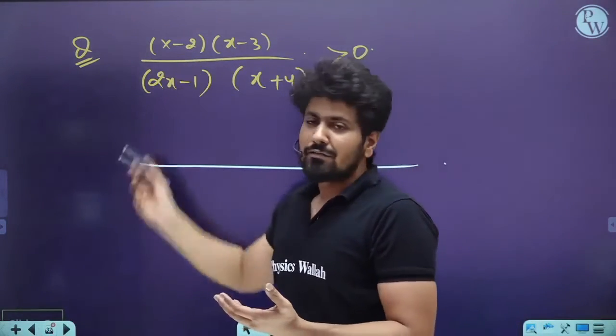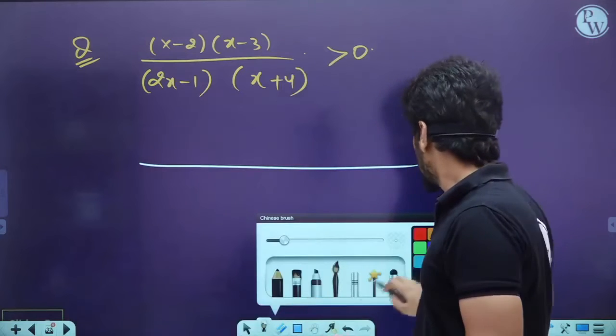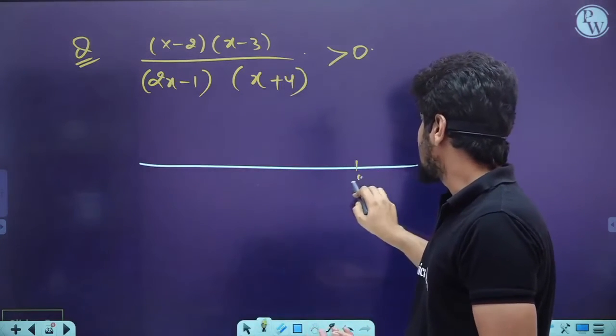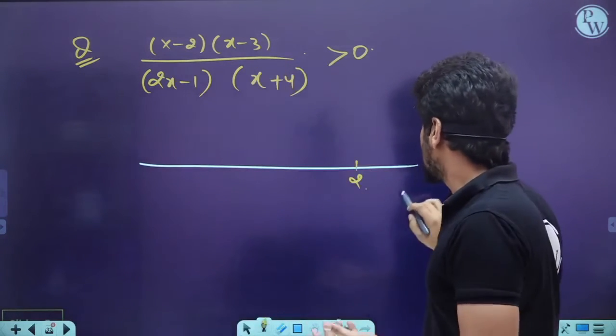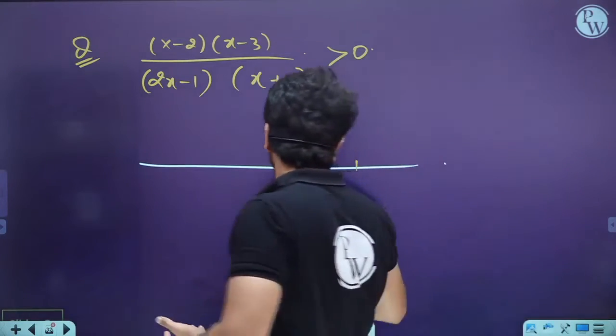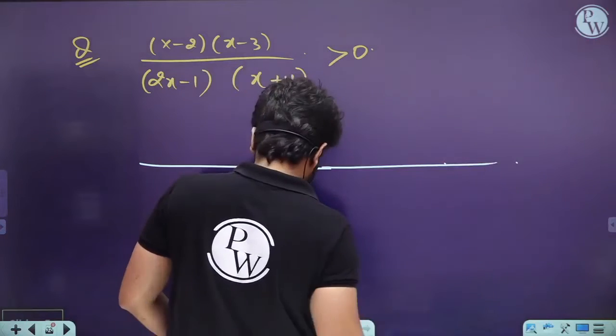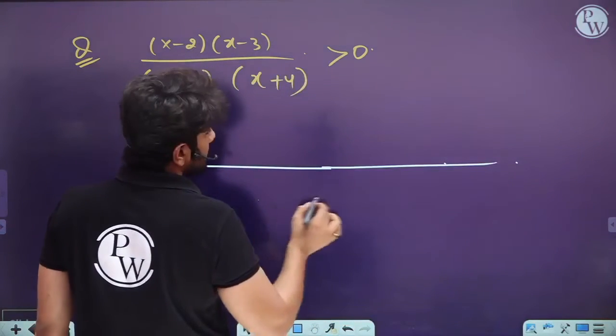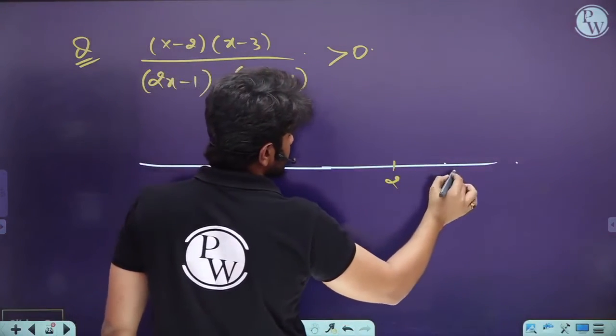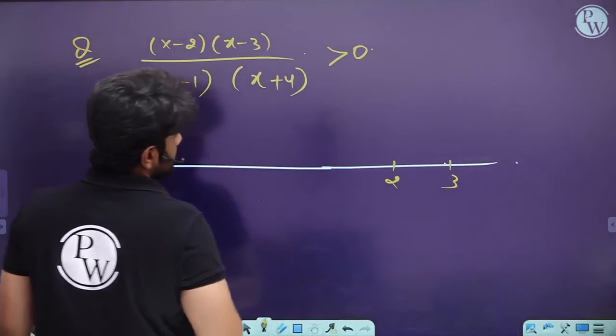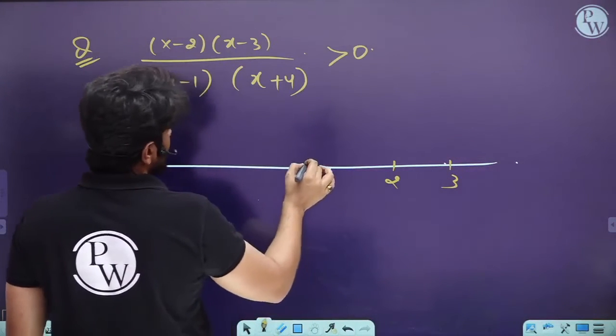Okay, the factor of x minus 2 changes its sign about 2, right? The factor of x minus 3 changes its sign about 3. So let me mark 2 somewhere over here, then let me mark 3 somewhere over here, and then the factor of 2x minus 1.